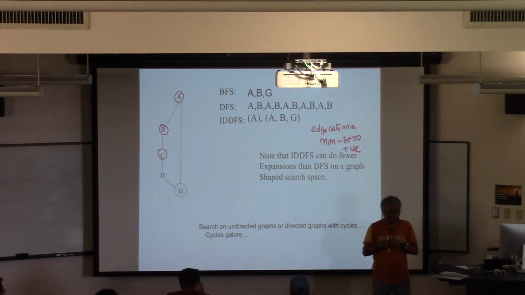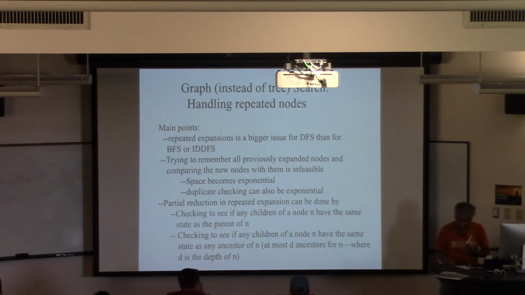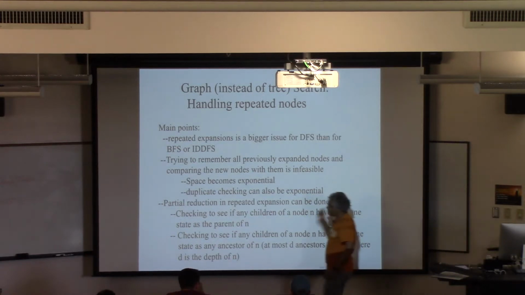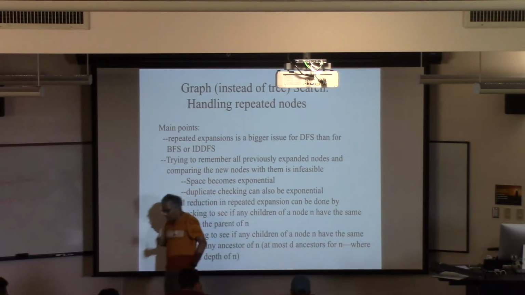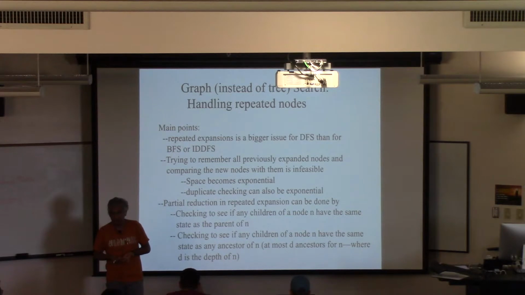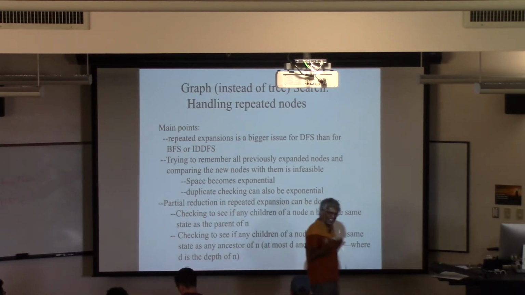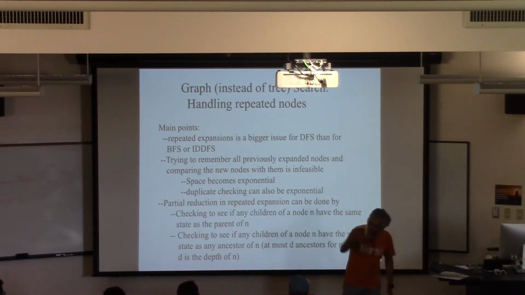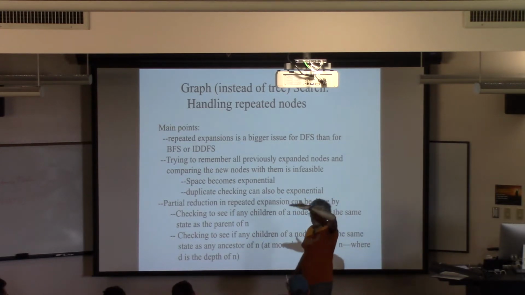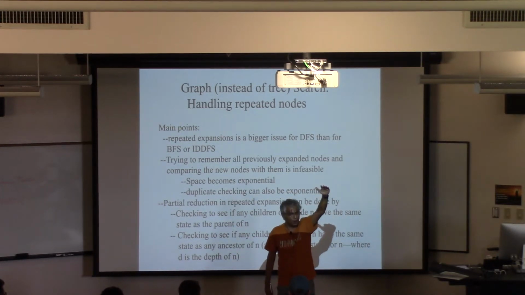Okay? One interesting question in this scenario is when you're doing graphs instead of trees, essentially you're coming back to the same node more than once. You may come back to it infinitely often. And while breadth first and uniform cost search are guaranteed to overcome this and find the node, the first time they say we found a goal node before expanding it, they're still guaranteed to be optimal.